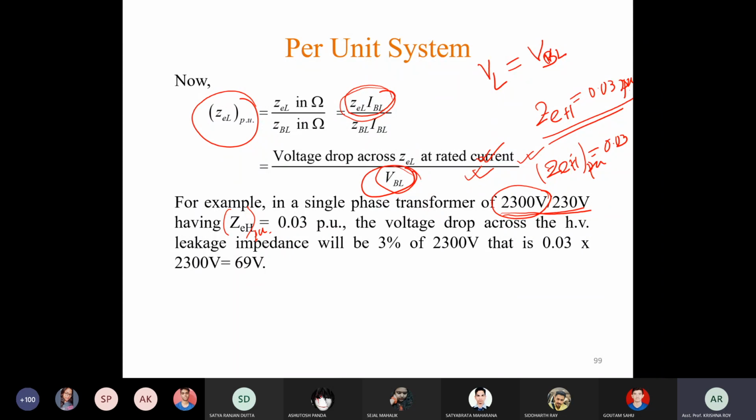Then if we multiply this leakage impedance and the current, we can find the leakage impedance drop. But if the per unit value of leakage impedance is given, normally from nameplate data, we can directly calculate the leakage impedance drop. That is one advantage of this per unit system. Is it clear? Yes, sir.